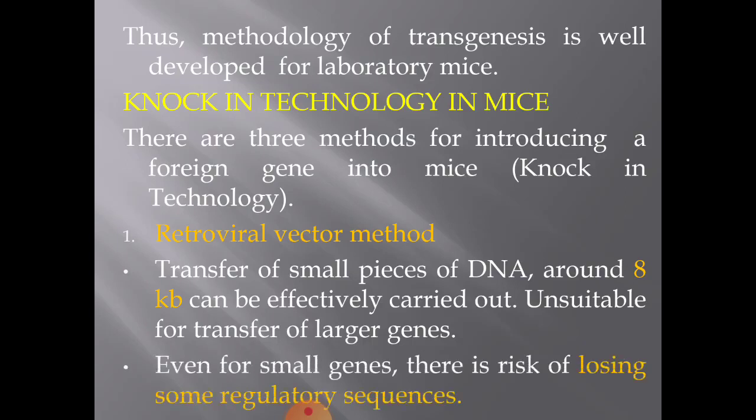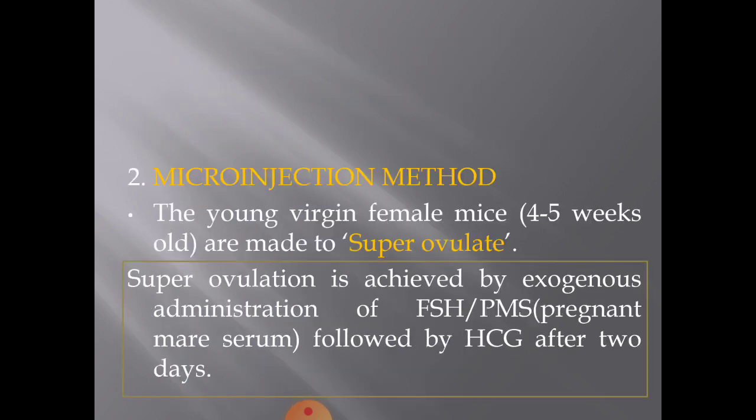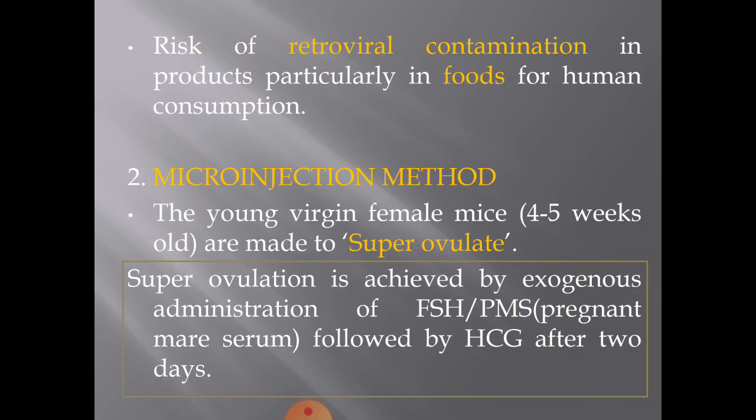Even for small genes there is a risk of losing some regulatory sequences which are very important for other processes, right? Then, apart from these two, there is a risk of retroviral contamination, especially if you are aiming to produce food products which are often used for human consumption.